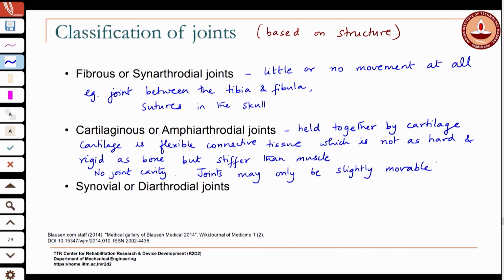So it allows one vertebra to move against another, but only to a limited extent. There is some flexibility, it is like a cushion between the two vertebrae. It allows some movement, but you really do not have a whole lot of movement.